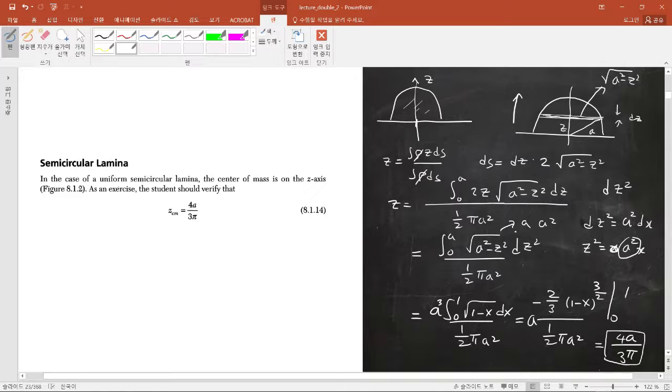So anyhow, z should have a dimension of a. Okay, so 4a over 3 pi. Okay, so that is for the semicircular lamina.